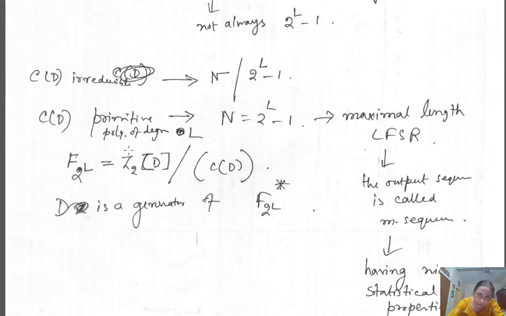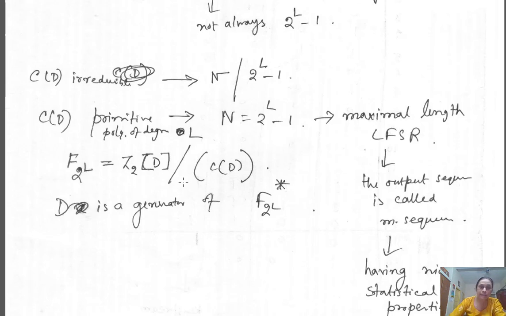Individually, Z2[D] is an infinite set. But when you divide every polynomial in this infinite class by a degree L polynomial, it becomes a finite set. And it can also be proved that this finite set is a field having 2 to the power L elements. These are abstract algebra things, or number theory.